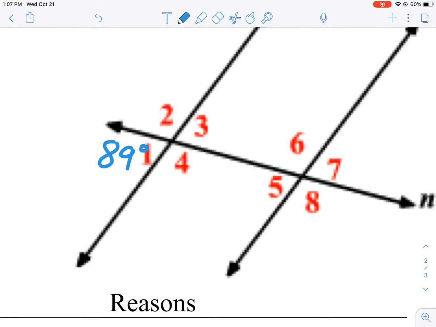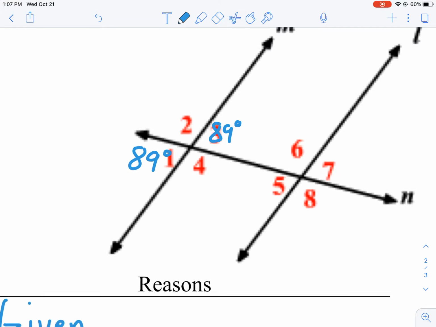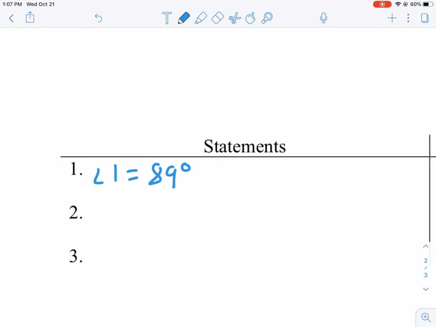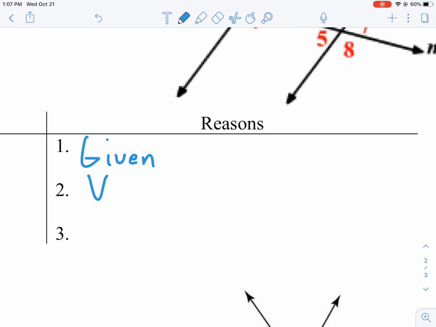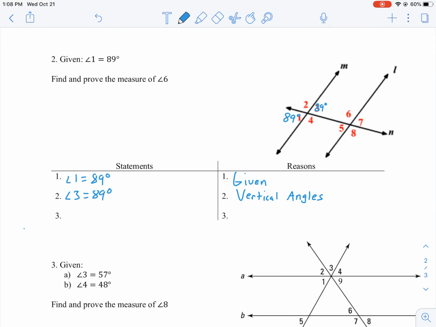So again, there's multiple different ways that you could do this, all right? The way that jumps out to me doing it, recording this video, is that if angle 1 is 89 degrees, that must mean angle 3 is also 89 degrees. So I'm going to say angle 3 equals 89 degrees, and that would be vertical angles. Okay.